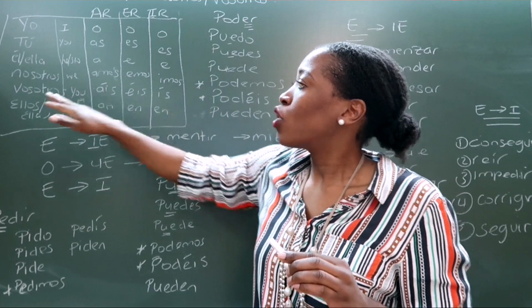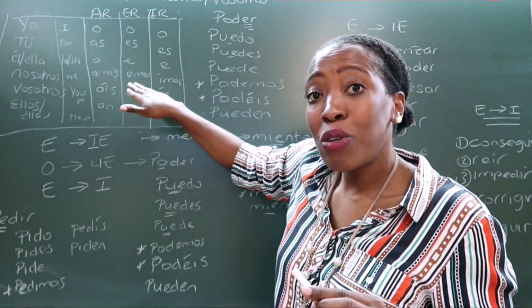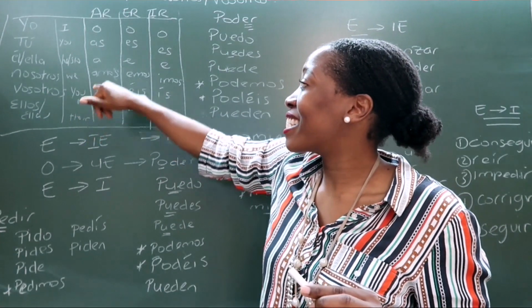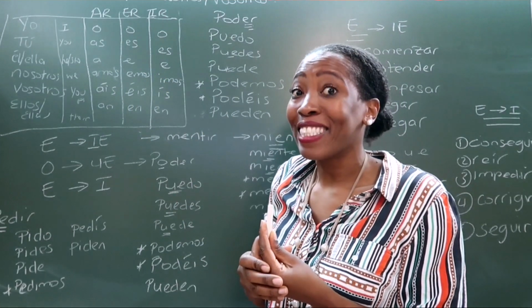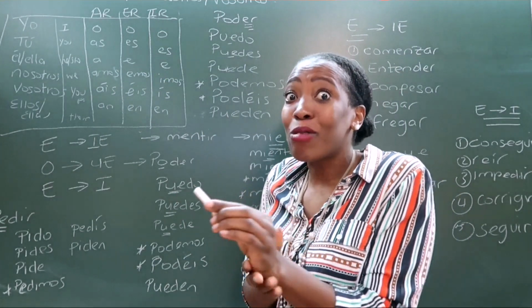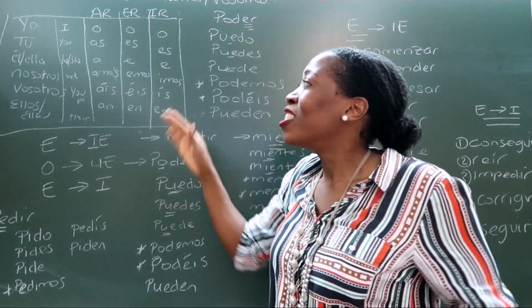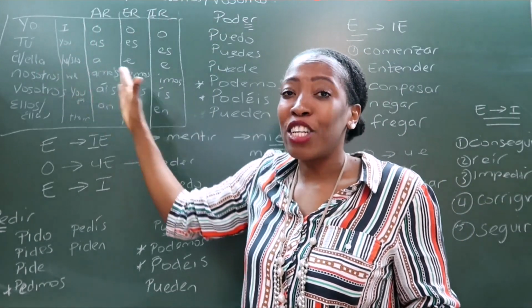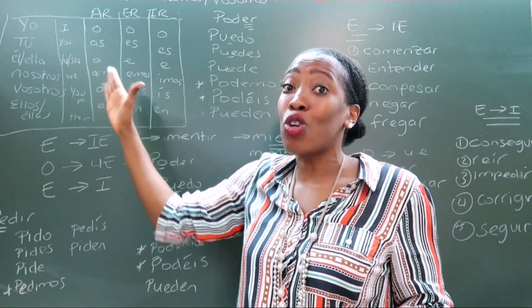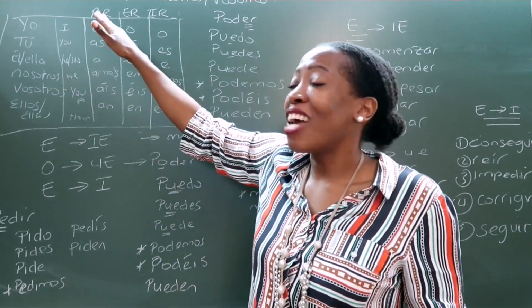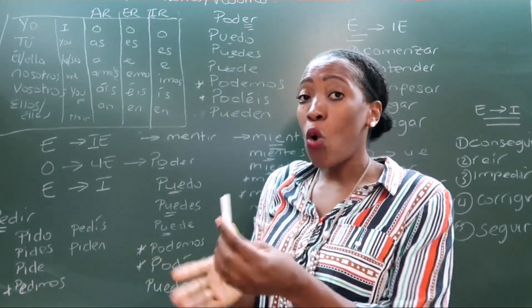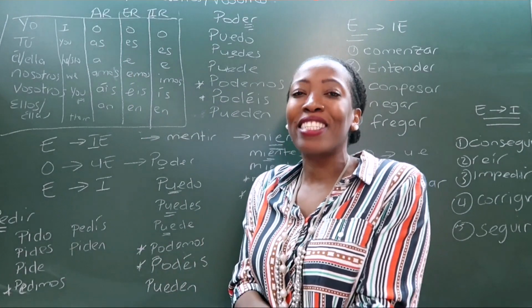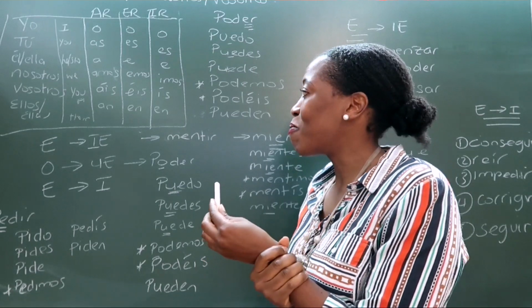In vosotros, if you notice, there is an accent on the first vowel. Try and remember that, because sometimes when we're writing we do forget. So remember this table in your head when it's time to conjugate, so you remember the appropriate ending for each verb.